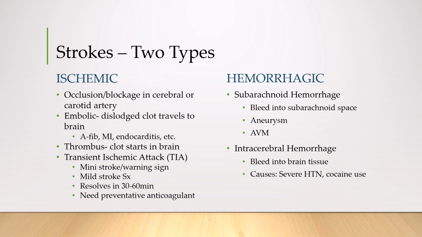That also can be subarachnoid hemorrhage. And then there's the intracerebral hemorrhage. Regardless, both of them are brain bleeds. Then we have the transient ischemic attack, or the TIA.